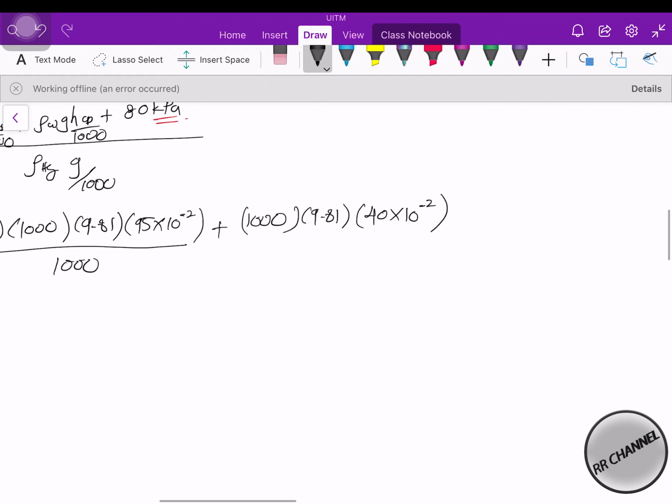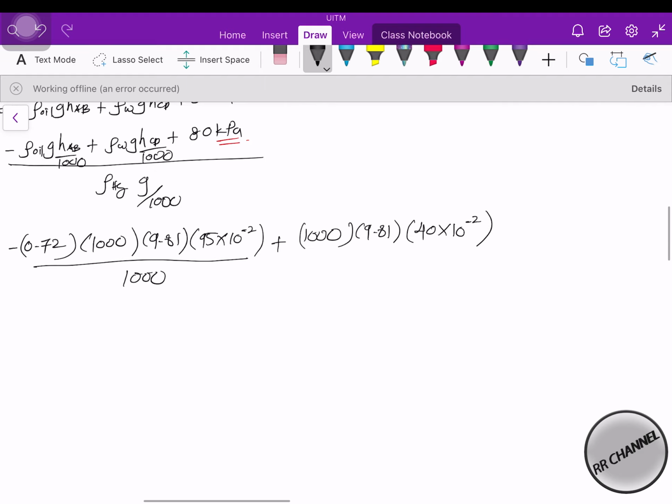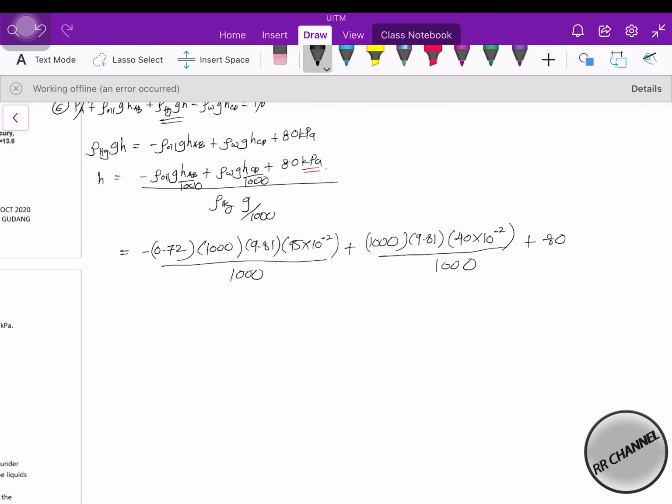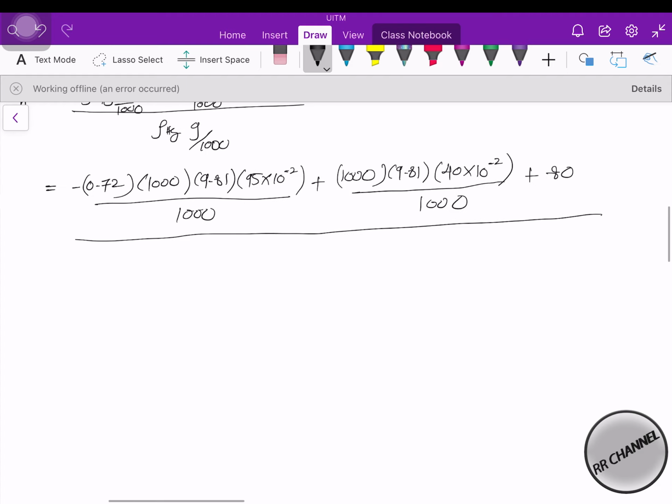Then we divide by 1000 first, then 80 kilopascal, then you divide by rho_Hg, which equals SG for the mercury, 13.6 times 1000.